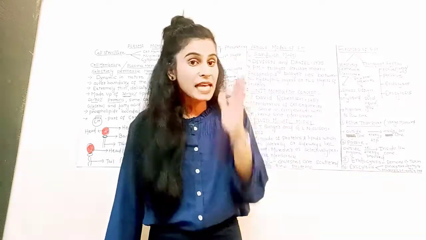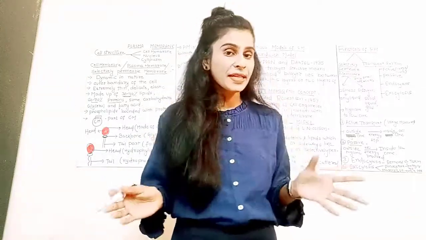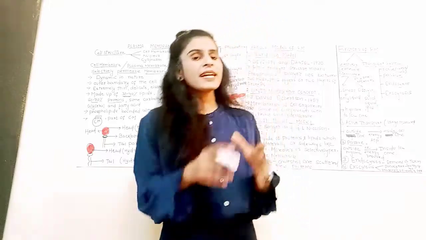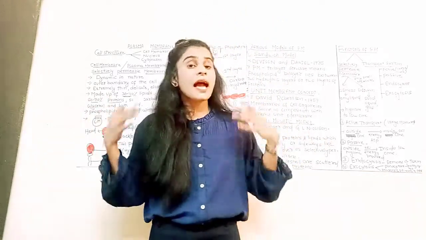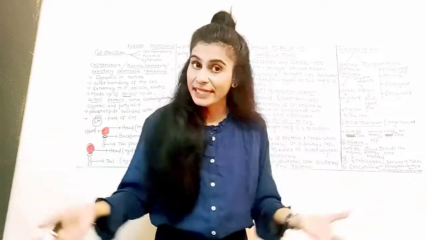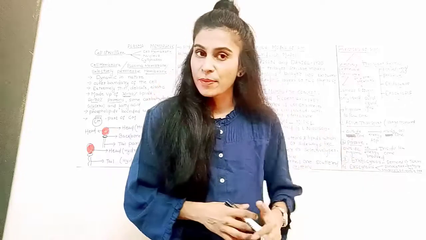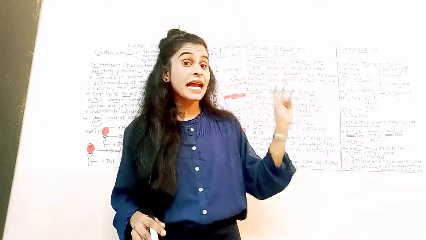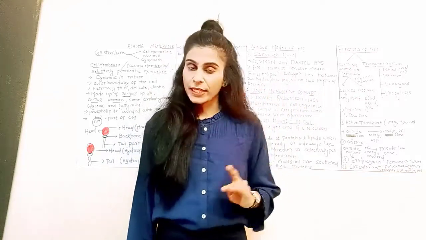The cell membrane is made up of 30 to 40% lipids and 60 to 70% proteins, and the rest a small amount of carbohydrates, cholesterol, glycerol, and sometimes fatty acids. So remember, the cell membrane is made up of lipids, and that too phospholipids, and proteins.